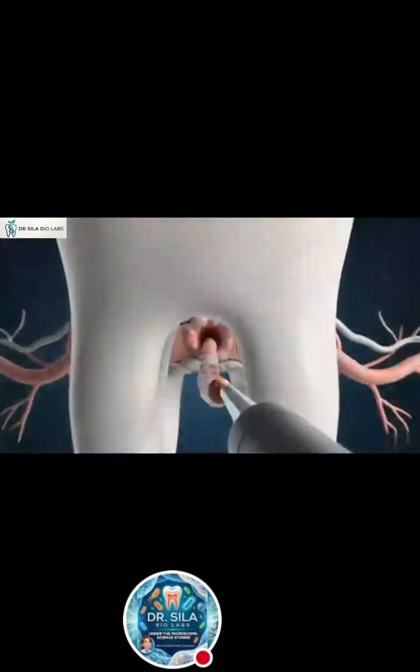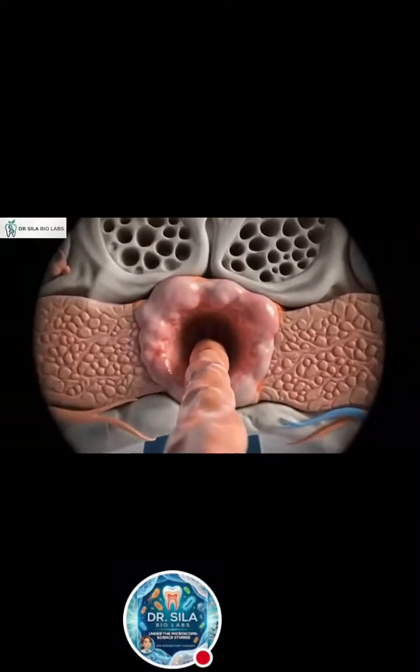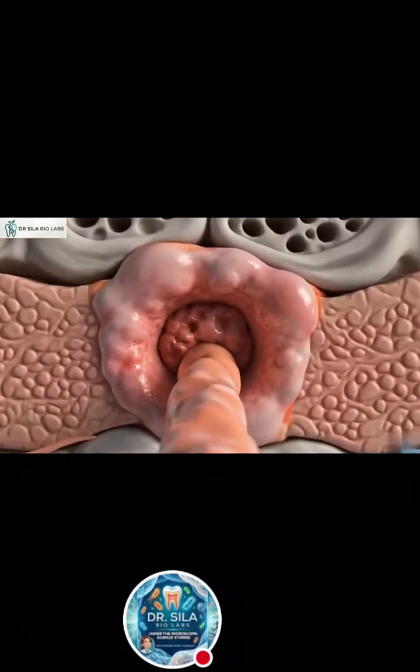Although the root canal procedure itself may be completed in a single appointment or over several visits, healing continues long after treatment is finished.